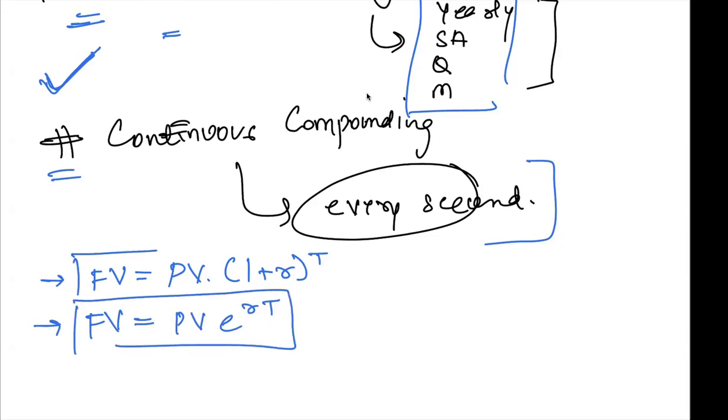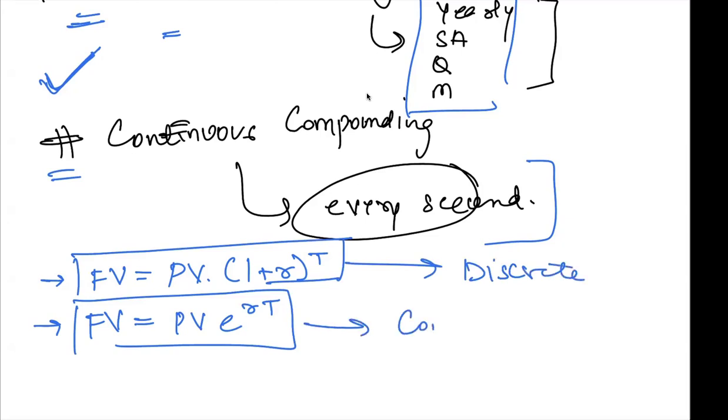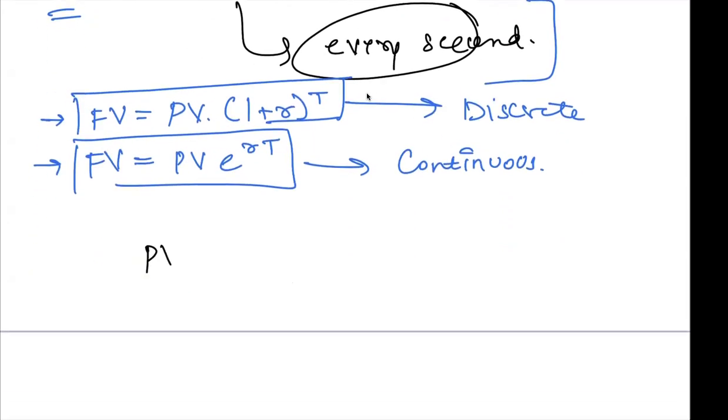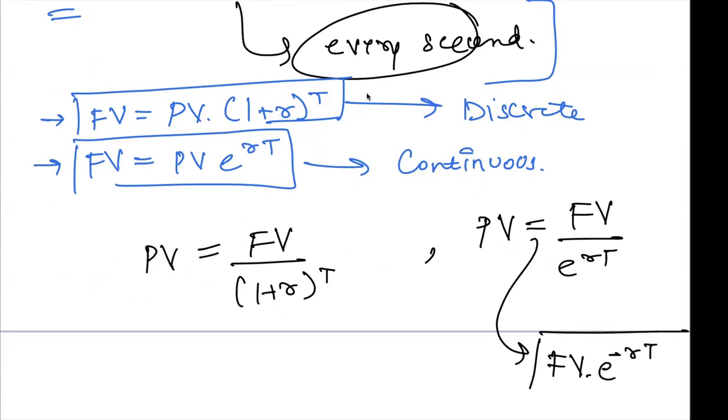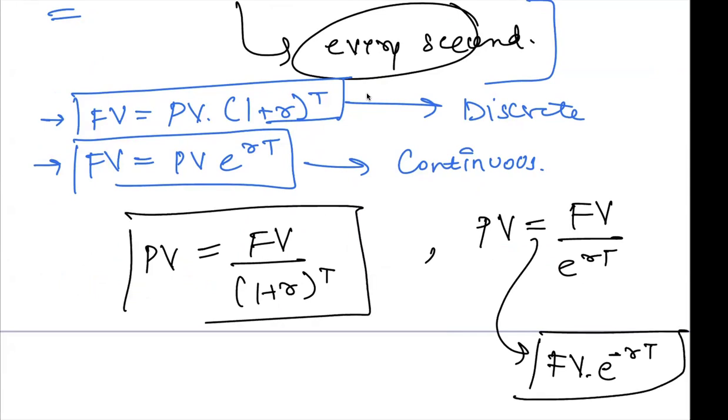Can you arrive at the present value for both of them? Similarly, I can write this as e raised to the power minus rt. Is this clear?